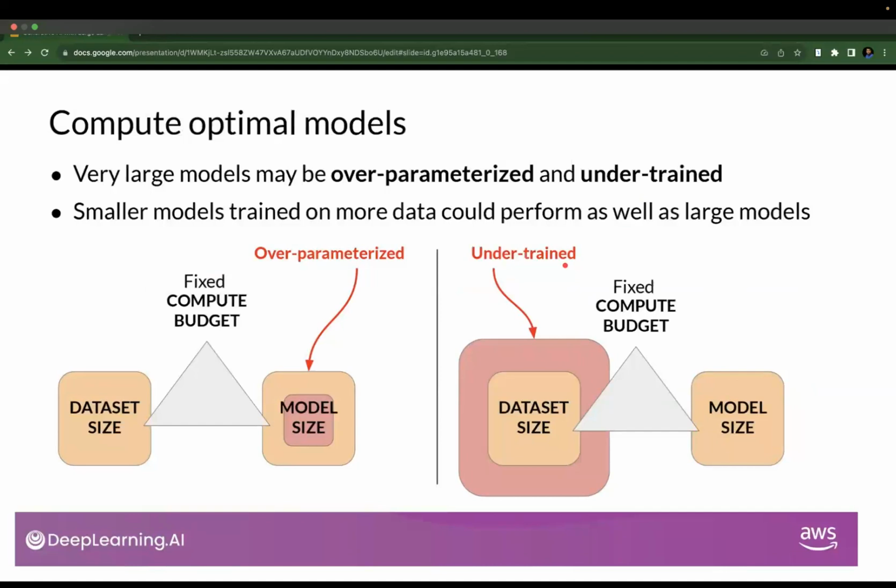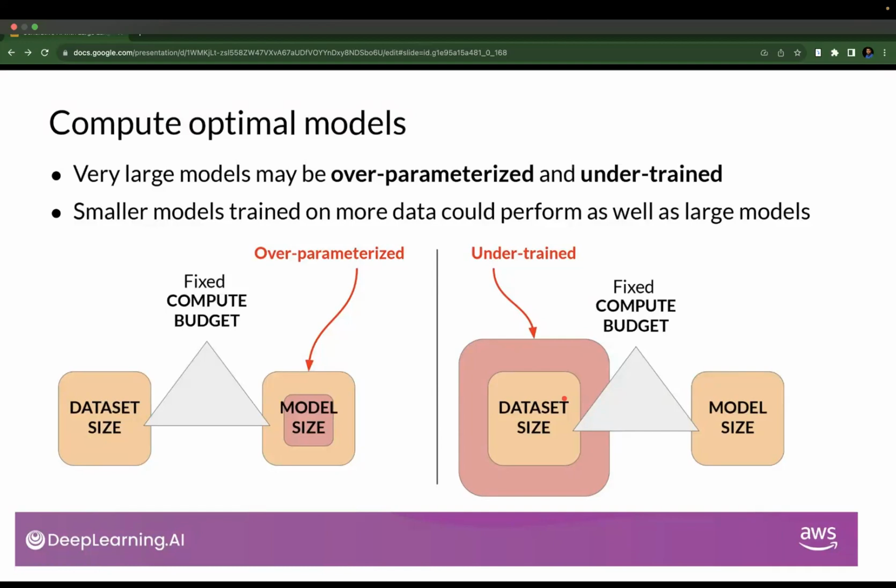So this is how it works. If the compute is fixed, that is how many GPUs you are going to use and for how long, then your model may be over-parameterized because the size of the model is huge and it did not get trained on enough data, or your model can be undertrained if the model did not have enough parameters or enough weights and the data on which it was trained was huge.